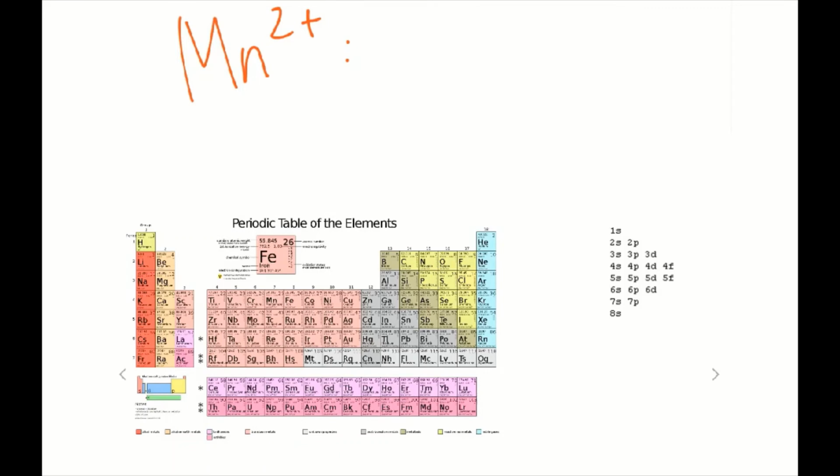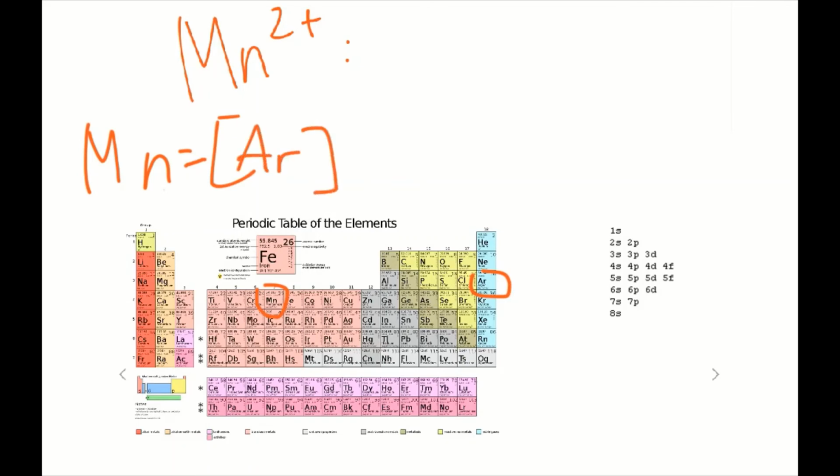In order to do this, we have to first write the electron configuration for manganese as it is. For manganese, we have to take the previous noble gas. Manganese is right there, and the latest noble gas is actually argon. I wrote Me, but it's supposed to be Mn, and this is Ar. Notice how argon has 18 electrons, so we need 25 though, so we need to add 7 more electrons.